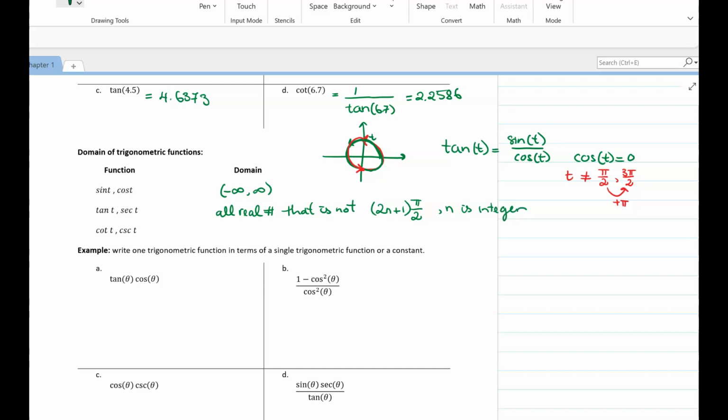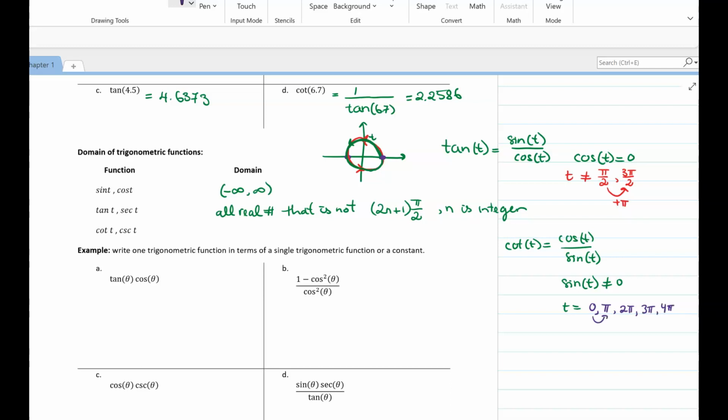For cotangent and cosecant, recall that cotangent of t is equal to cosine of t divided by sine of t. Well, sine of t cannot be equal to 0. Sine of t equals 0 when t equals 0 and pi, and I keep going, 2 pi, 3 pi, 4 pi, and so on and so forth.